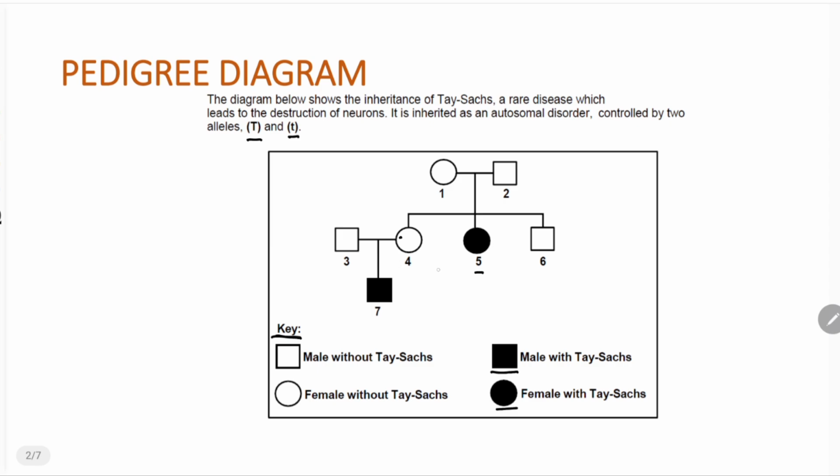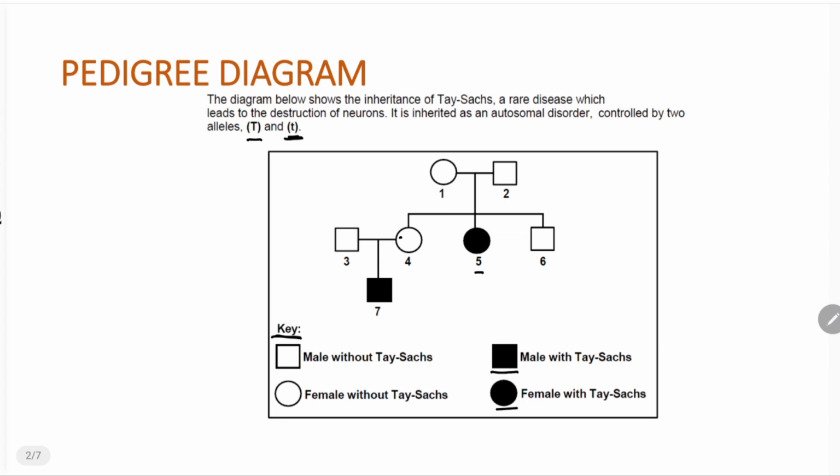It tells me that Tay-Sachs has to be caused by the recessive allele, small letter t. Again, simply because parent 1 and parent 2 do not have Tay-Sachs, but they were able to give birth to offspring number 5 with Tay-Sachs. So individual 1 and individual 2 are carriers. They are heterozygous. Hence, they were able to distribute a recessive allele each to individual number 5.